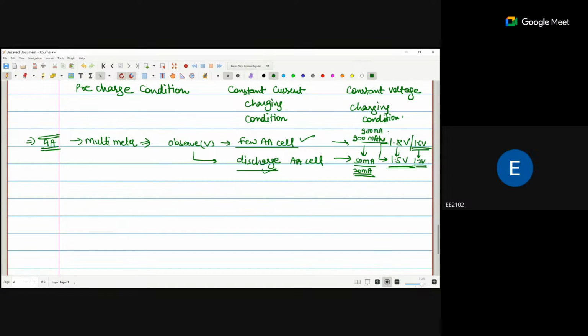A similar thing happens in our mobile phone.